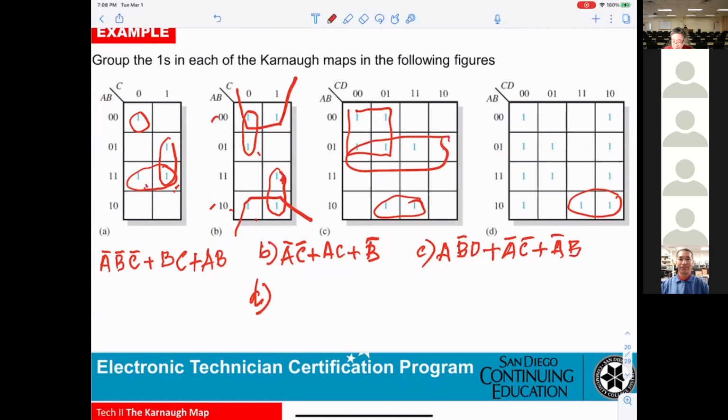So C. A, not B, C. Perfect. And the next one, I want this loop. B, not C. Perfect.